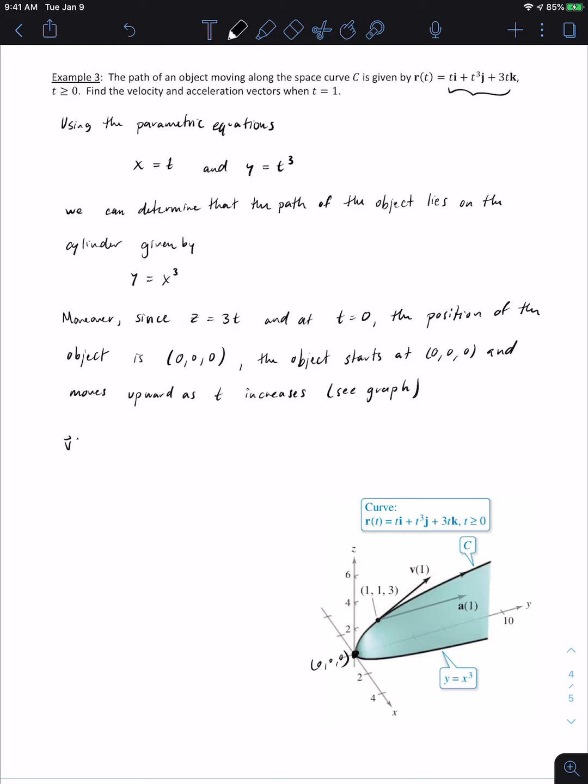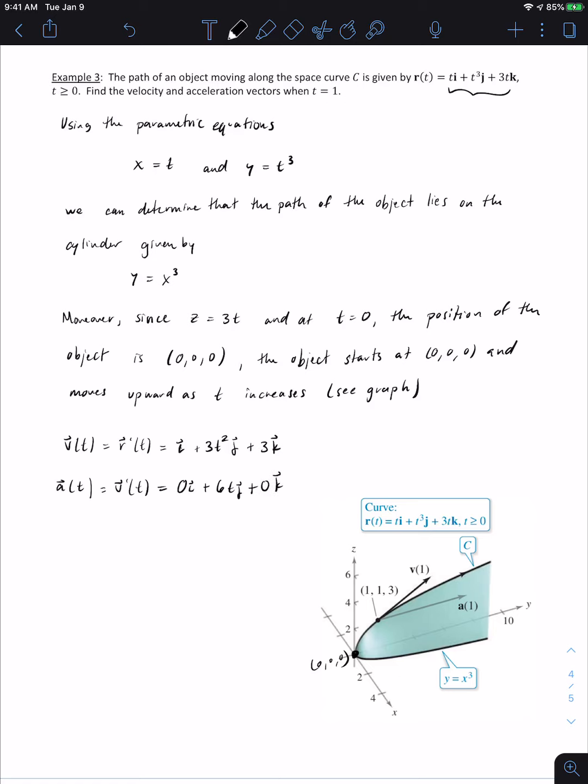So we need to find the velocity vector, which again is the derivative of the position. If I took the derivative, I'd get i plus 3t squared j plus 3k. And then my acceleration vector, which is the derivative of my velocity vector, is going to be 0i plus 6t j plus 0k.